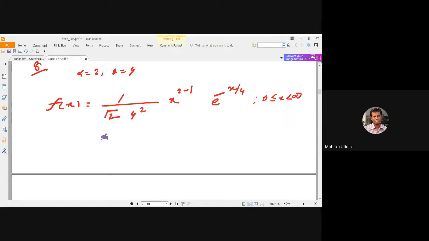So gamma 2 is factorial 1 actually. So 1 by 16 x e to the power minus x by 4 for the same domain.